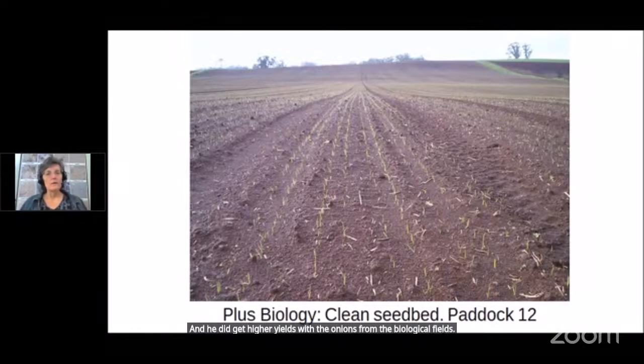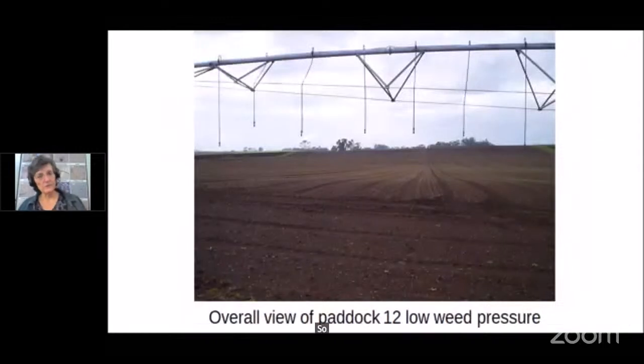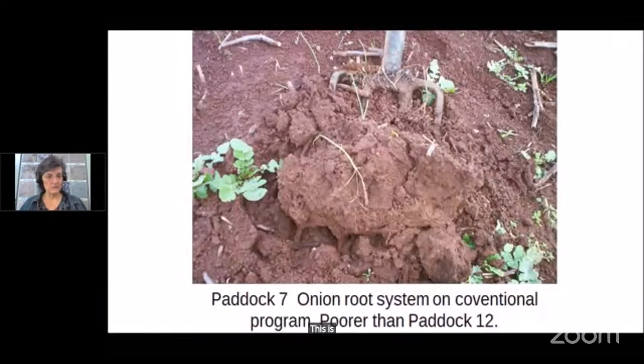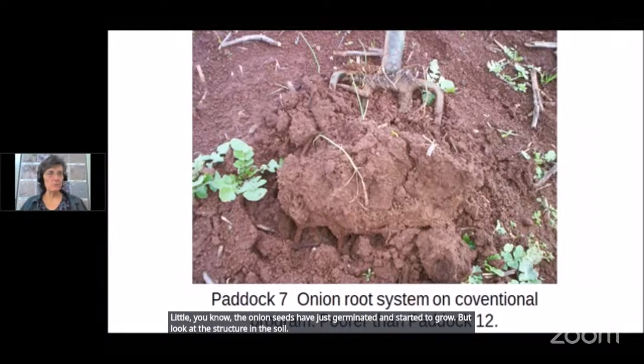So another reason is look at the structure of the soil. This is, again, the conventional system. Look at all the weeds. The onion seeds have just germinated and started to grow, but look at the structure in this soil. There's some earthworms that have been born through there, but that's it. Would you want to put your root systems in here?